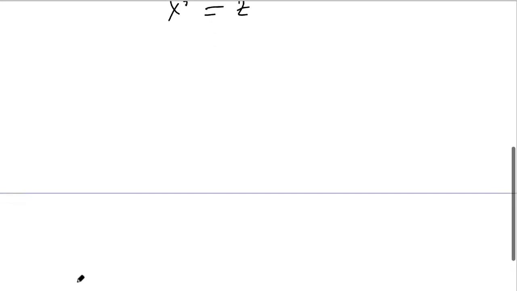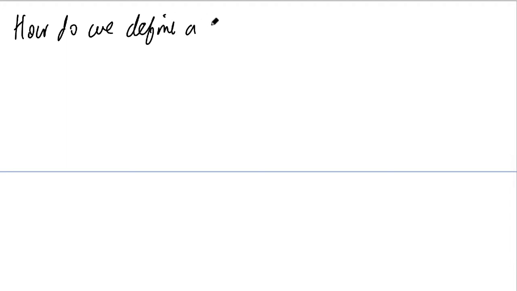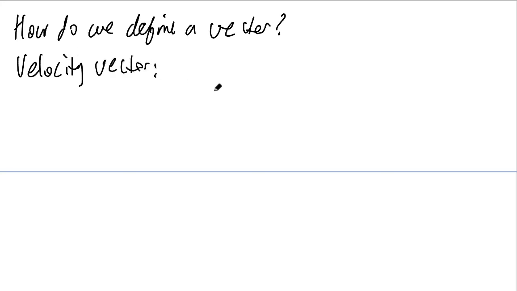So how do we define a vector in curved space-time? Well, let's begin by looking at the example of a velocity vector. Here's a space-time diagram, and there can be 4 dimensions here, but I'm only drawing 2 of them for simplicity.